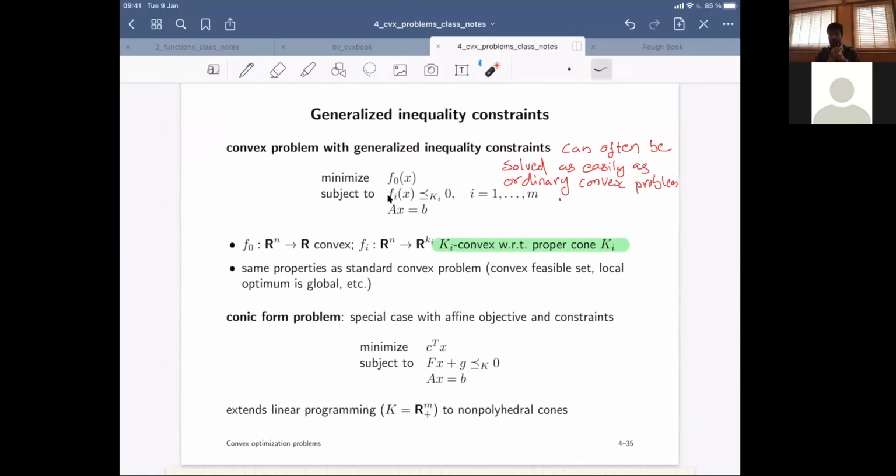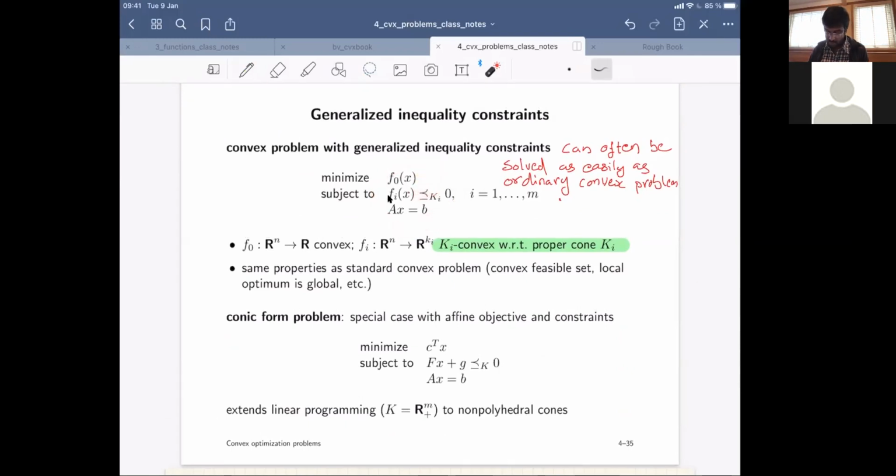Which is a conic problem. Before that, let's generalize the optimization framework that we saw so far. I have the same framework: minimize f0(x) with respect to some inequality constraints and an equality constraint.